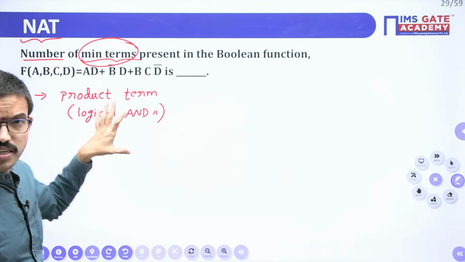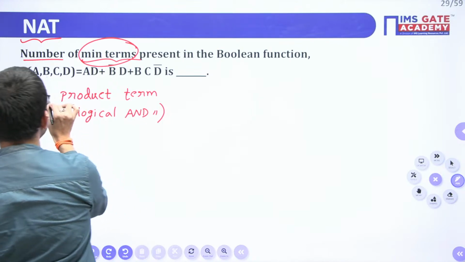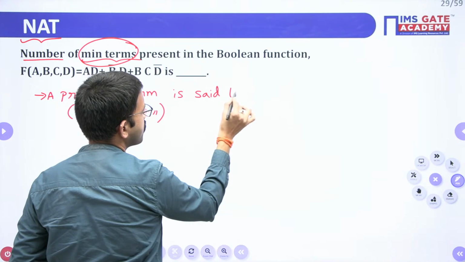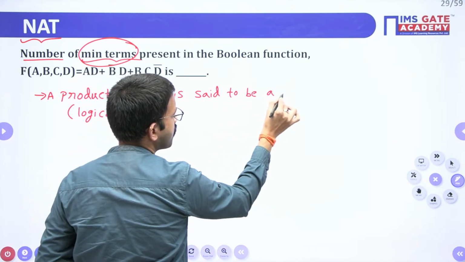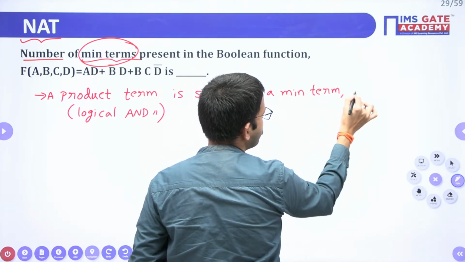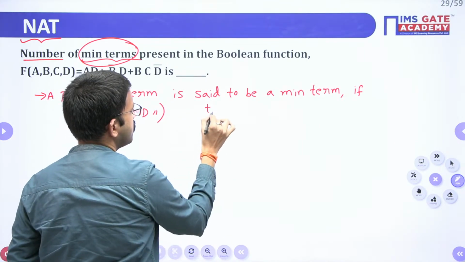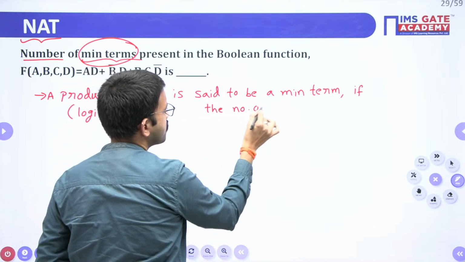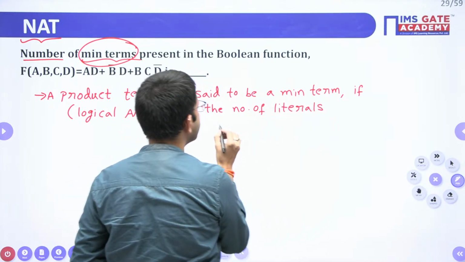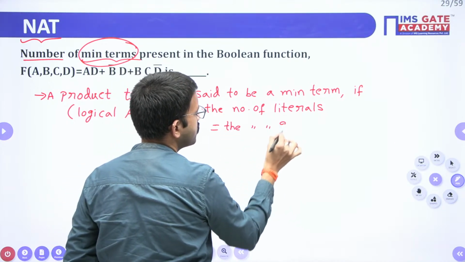In that particular term, a product term is said to be a min term if the number of literals is equal to the number of given variables.